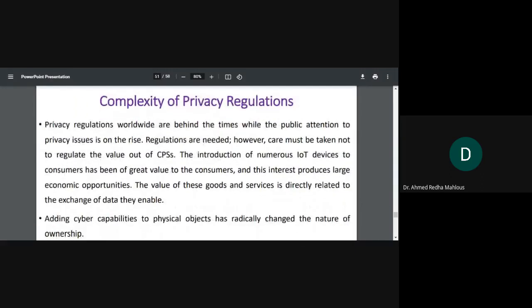In terms of the complexity of privacy regulation, here we talk about regulations that are dictated or made by government. Sometimes in some countries, there are bodies and organizations responsible for setting regulations about the banking environment, the education environment, and in terms of security, the CPS environment, infrastructure, and the energy and power environment.